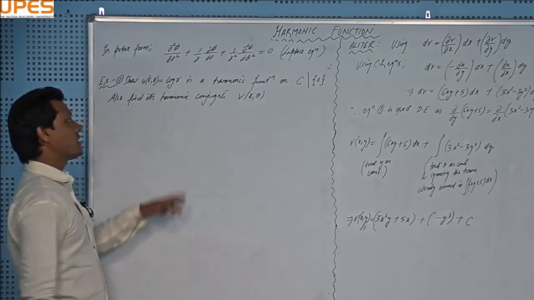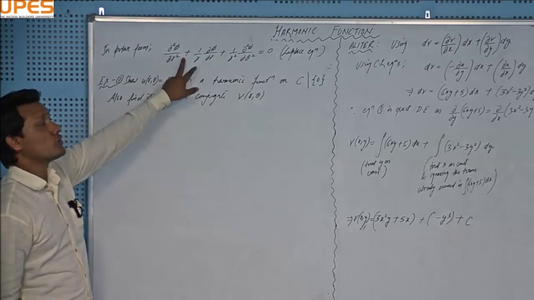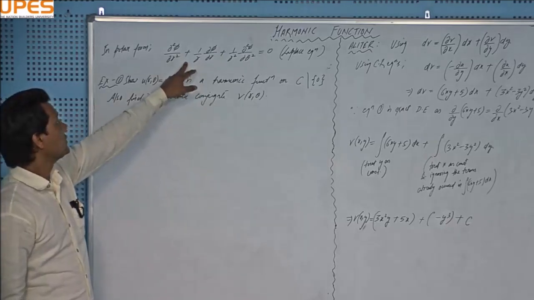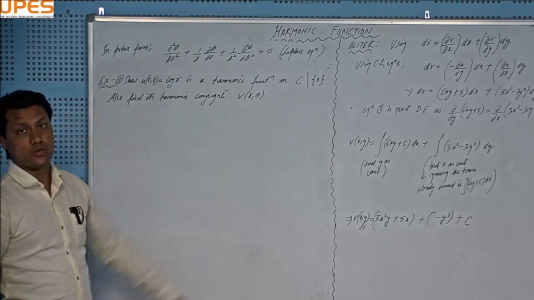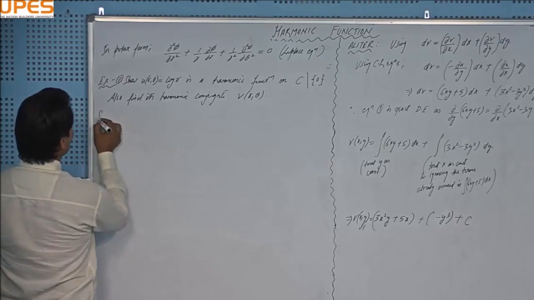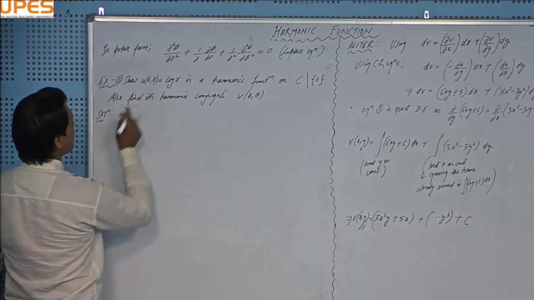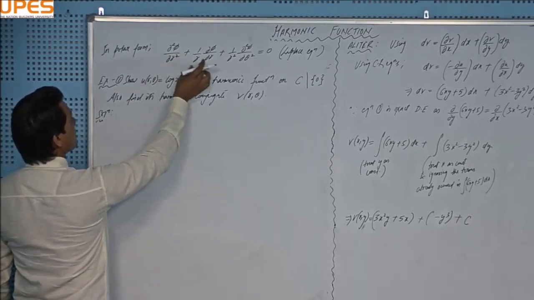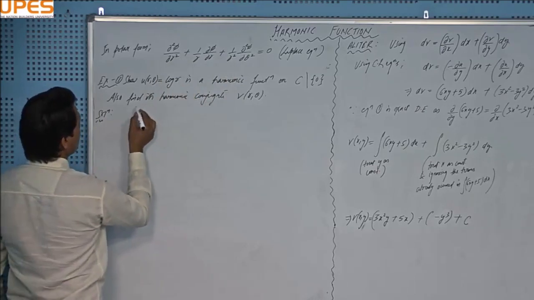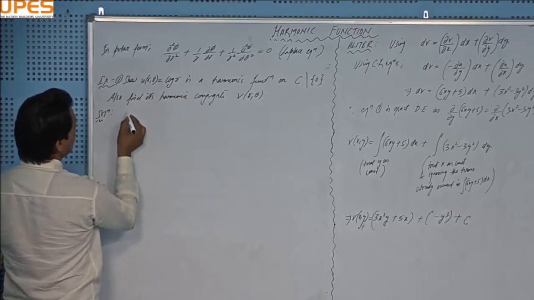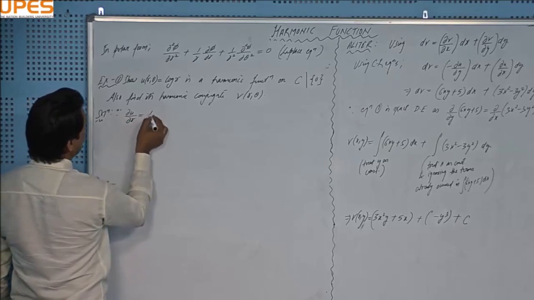So you are given u, and first you have to show that it is a harmonic function. Since u is given in terms of r and theta, I will use the Laplace equation in polar form. Solution: you just find these derivatives. You first find del u over del r, that will be 1 over r.